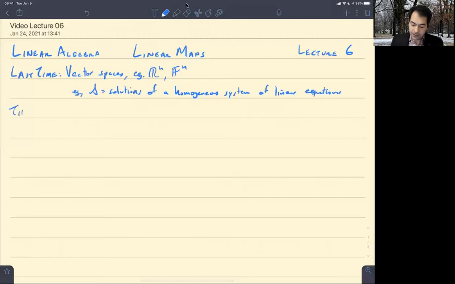This time, we want to talk about maps between vector spaces.